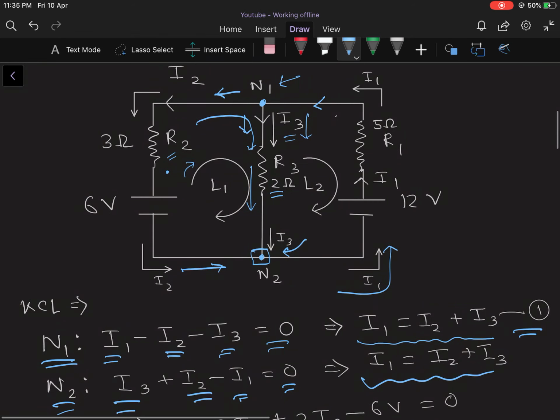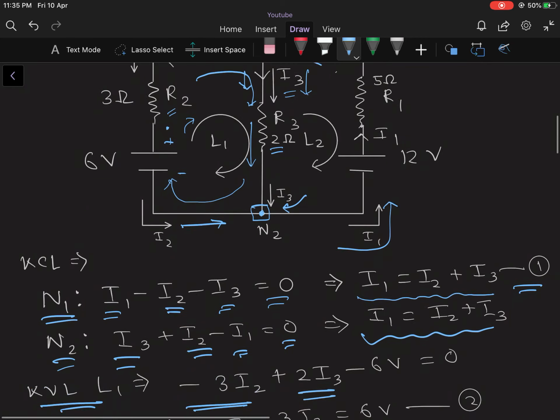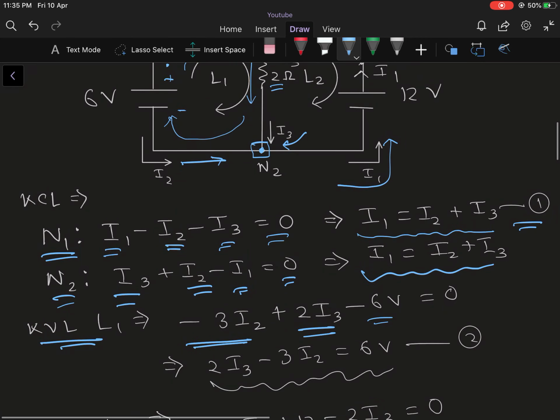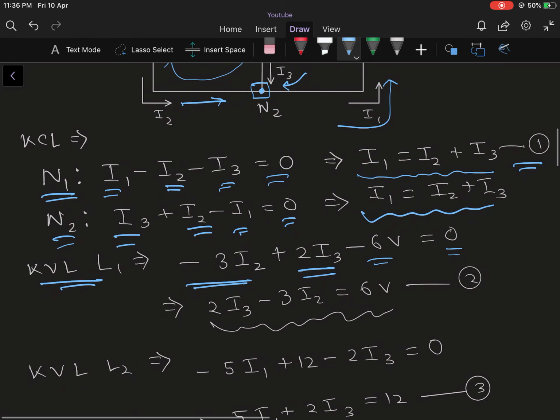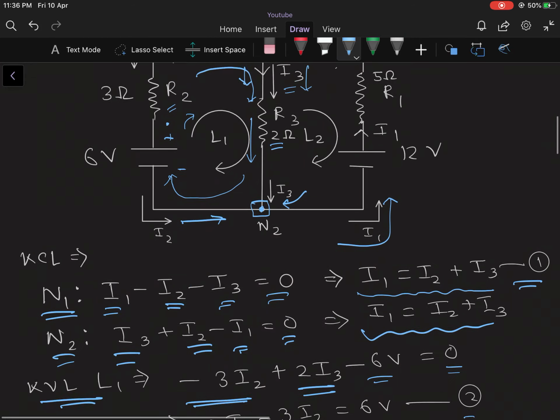It will be plus 2 I3. Now we reach the battery. We first see the negative side of the battery, so we take minus 6 volt, and the sum of all these voltages will be 0 according to Kirchhoff's voltage law. So from here we get 2 I3 minus 3 I2 equals 6 volt. This is our equation 2.